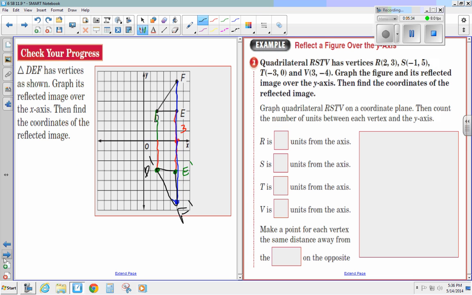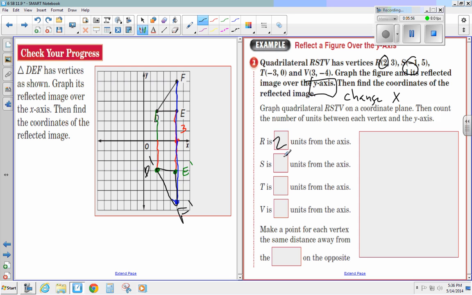All right. Now, I'm not going to graph this. This is a flip over the y-axis. So you should go back and look. And remember, over the y-axis, you're going to change x. So R, you're looking at x. R is 2 units.